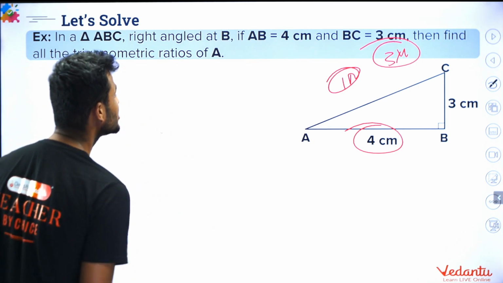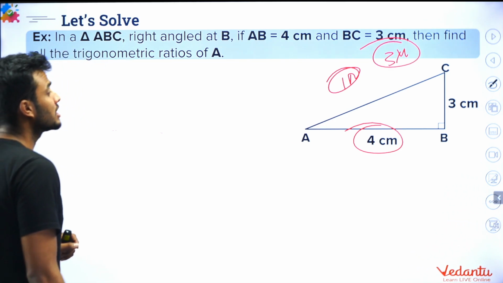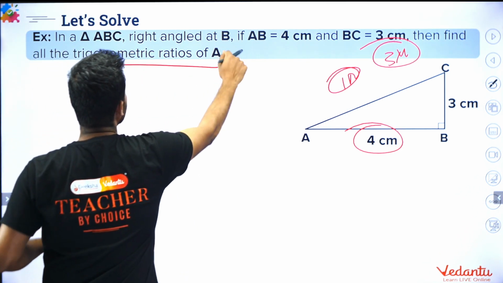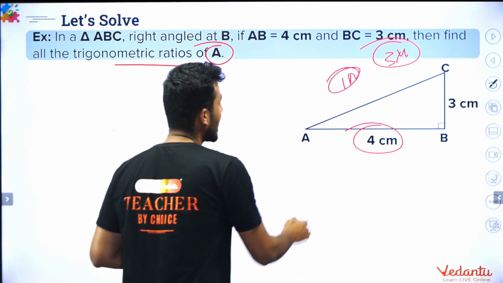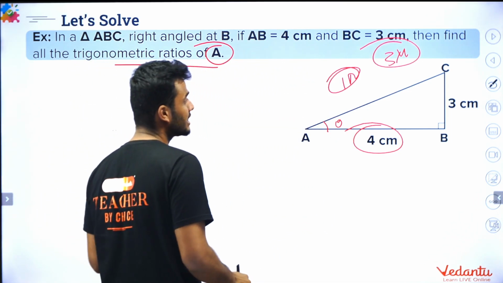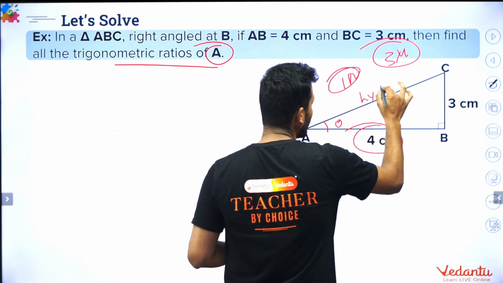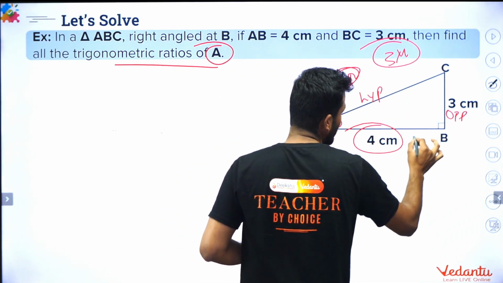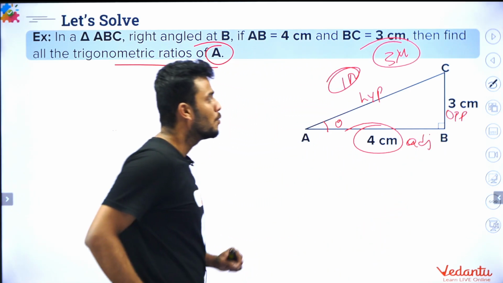Let's start. AB is equal to 4 centimeter, BC is equal to 3 centimeter. Then find all the trigonometric ratios of A. Sin A, this is theta, then this side becomes the hypotenuse, this side the opposite, and this side the adjacent. Right, students? We don't know the hypotenuse.